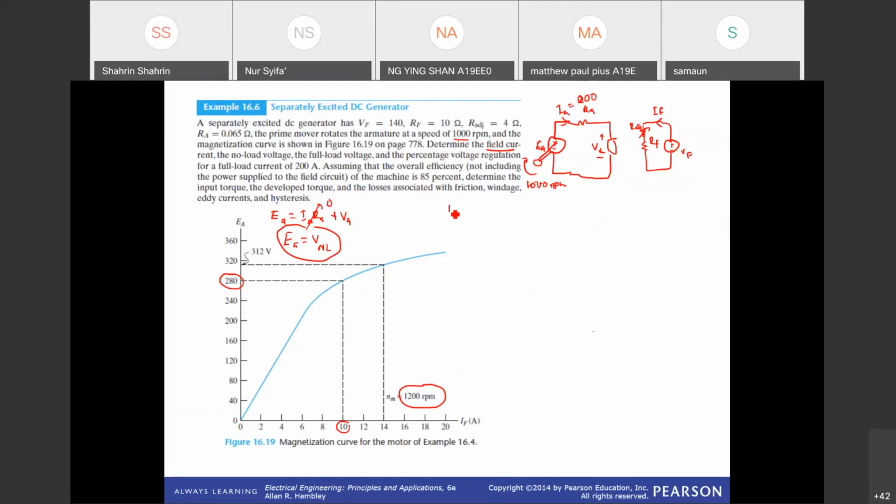So based on the equation, EA is equal to IA RA plus V load. So right now your V load is equal to EA minus IA RA.